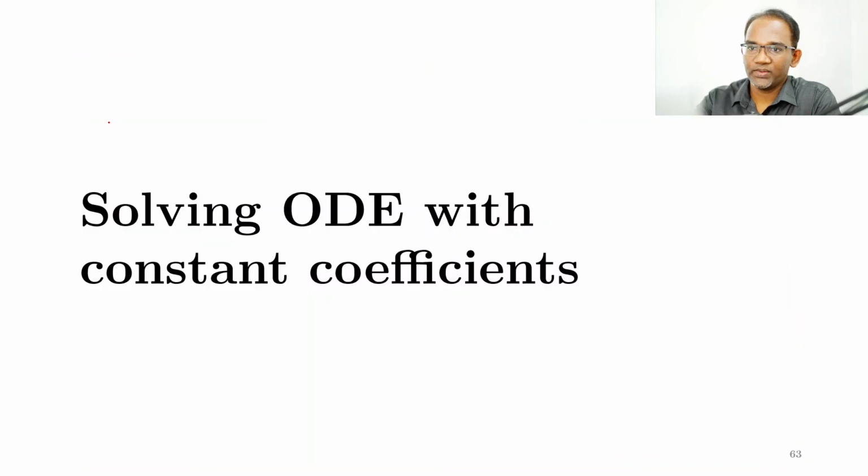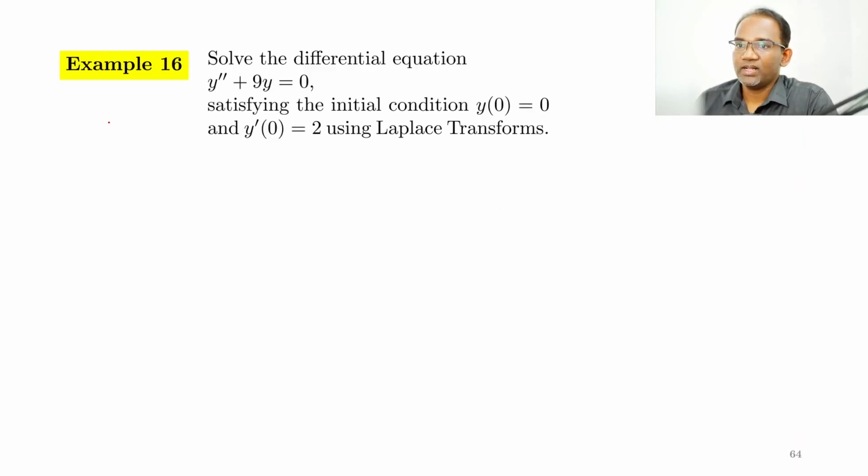We'll now try to solve the ordinary differential equation with constant coefficients using this technique. Solve the differential equation y'' + 9y = 0, satisfying the initial conditions y(0) = 0 and y'(0) = 2 using Laplace transforms.